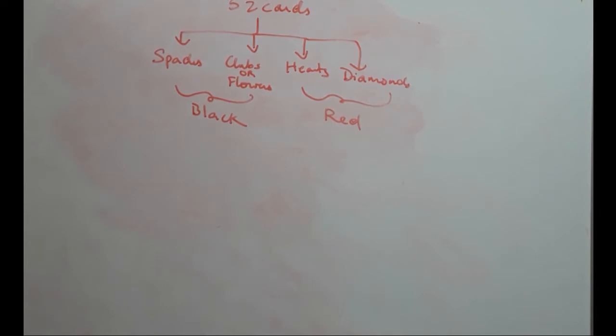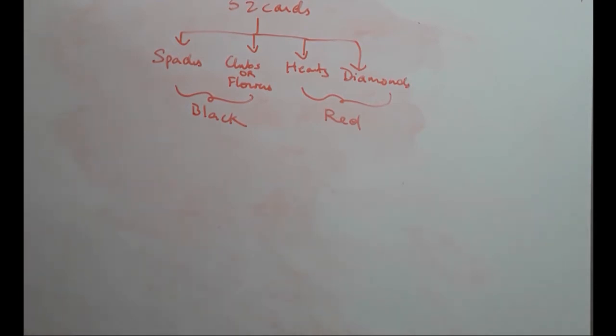You have hearts and diamonds, both of which are red in color. Now each of these 4 different types of cards, there are 13 cards in all in each of these types.